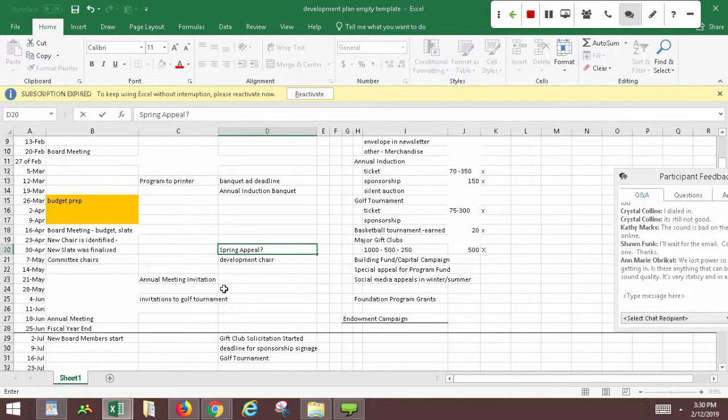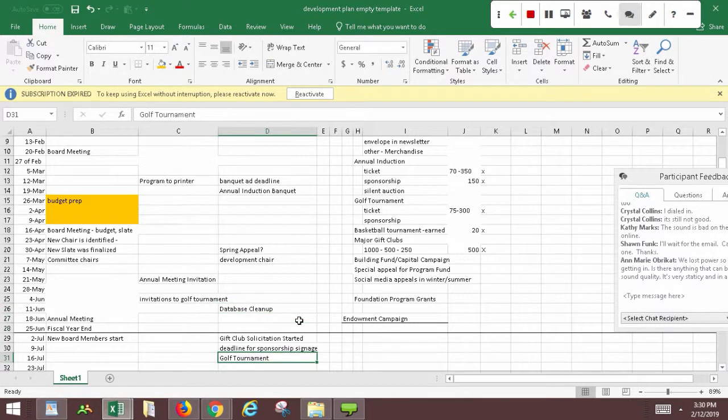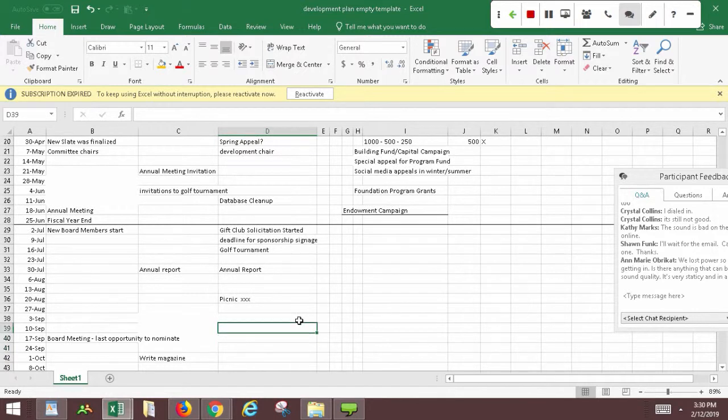Or, when would be good times a year to do a database cleanup? I would say that early June looks like it would be good, or early September.